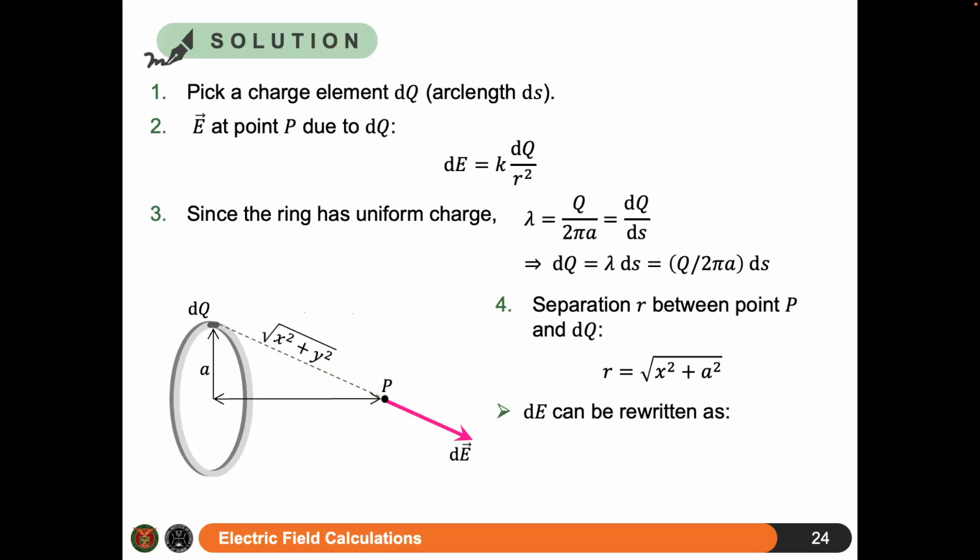Malito. X squared plus a squared dapat. Tama to. So, x is yung distance from point P to the center. Tapos yung a is yung distance ng center to the dq. So, plugging into our infinitesimal electric field, we have the following.